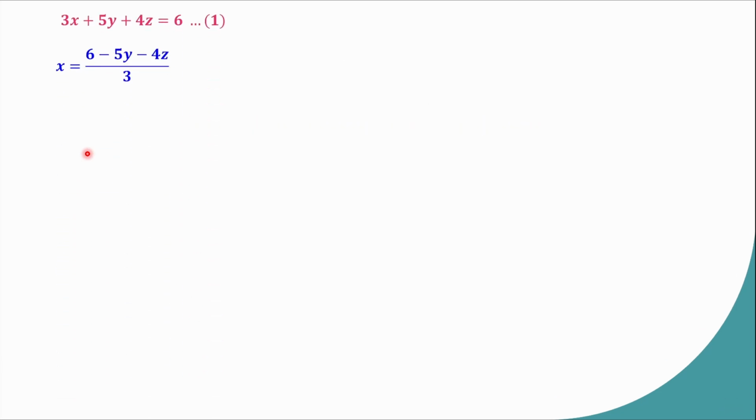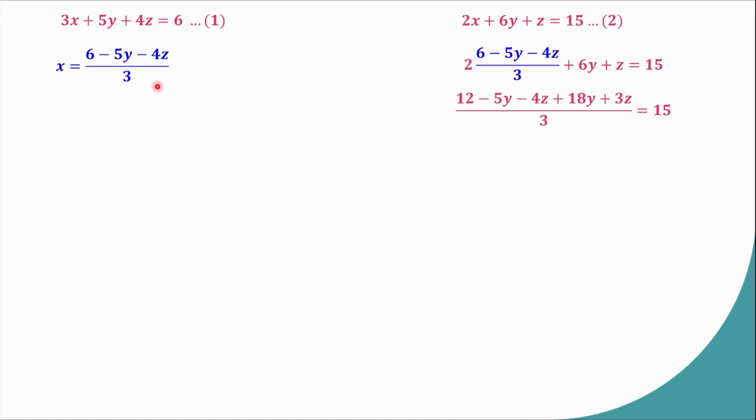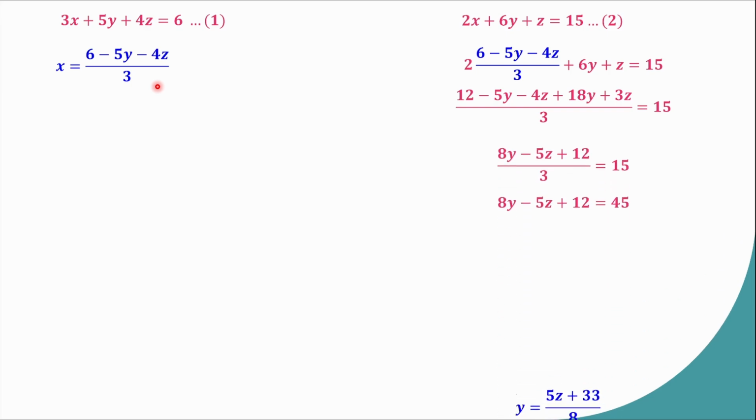What you can do basically is that, let's say from equation 1 you can get the x value like this, right? 6 minus 5y minus 4z divided by 3. Then from the equation 2, overall you can get something like this, y equals 5z plus 33 divided by 8.